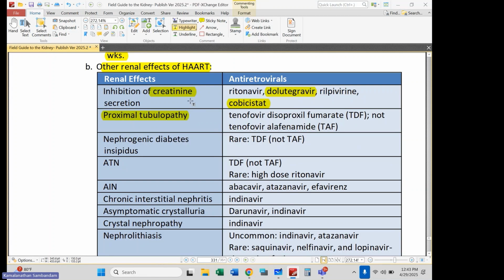Proximal tubulopathy is an older feature of HAART because we don't use this form of tenofovir as commonly anymore. Tenofovir disoproxil is the first generation formulation of tenofovir, but about 5 years ago now, there was an introduction of another form of tenofovir, alafenamide, which doesn't seem to cause this proximal tubulopathy.